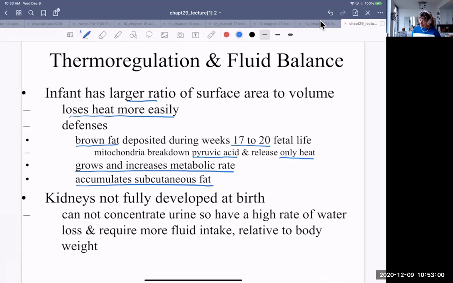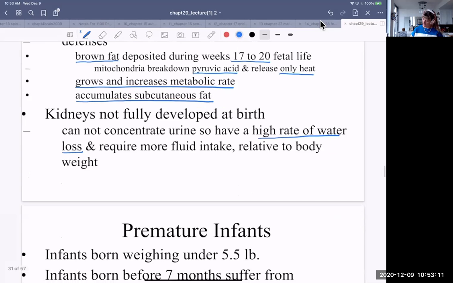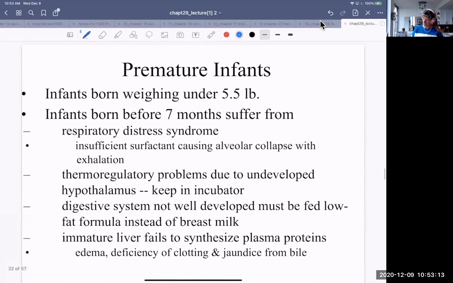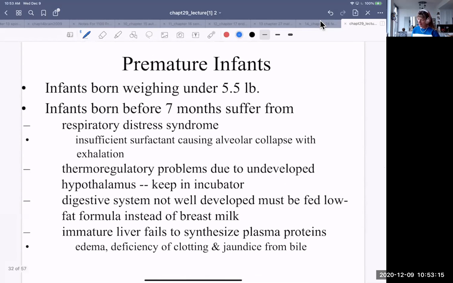The kidneys are not fully developed at birth. There's a high rate of water loss, which requires more fluid intake relative to body weight. Premature infants are those weighing under 5.5 pounds.